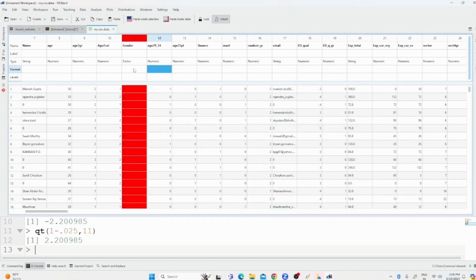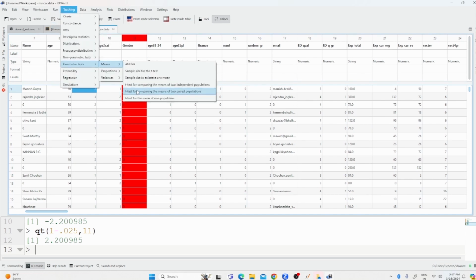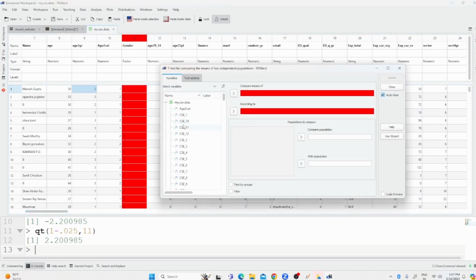I think this factorization creates a problem. We are writing 1 2 1 2. Ideally, let us take age 3 group, means of 2 paired independent.